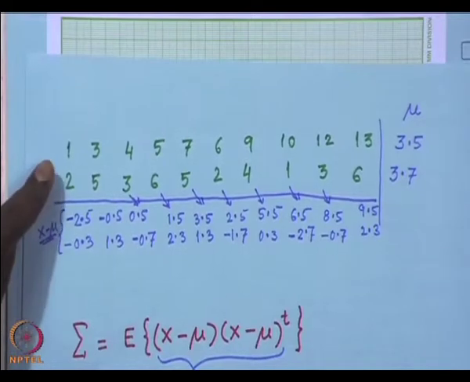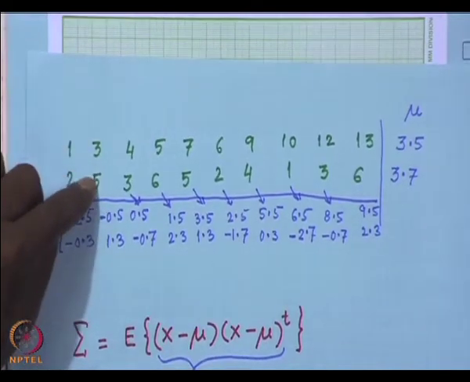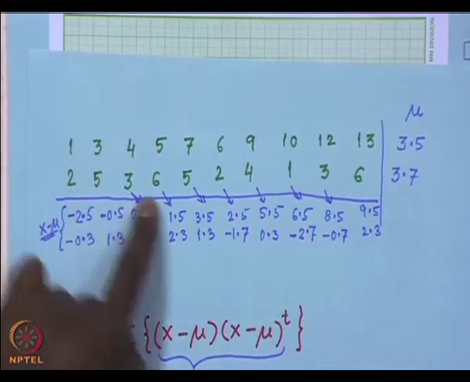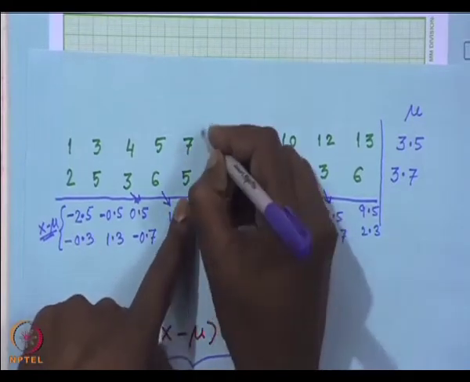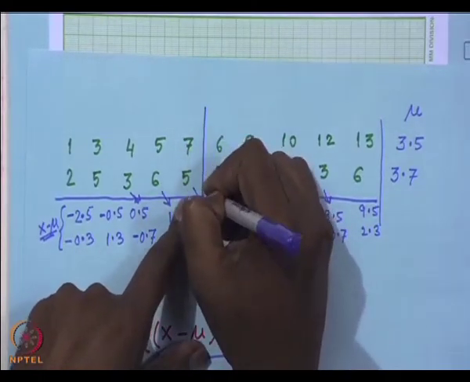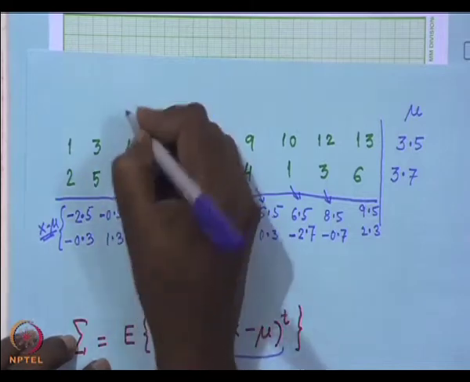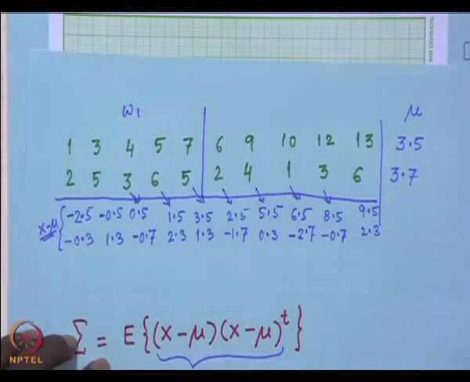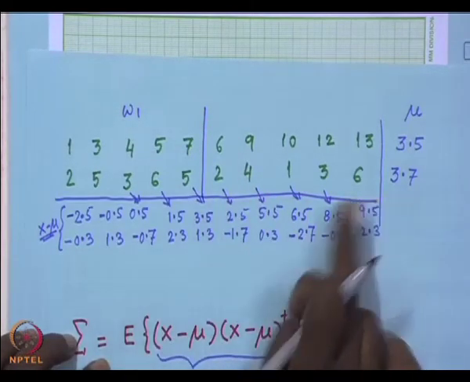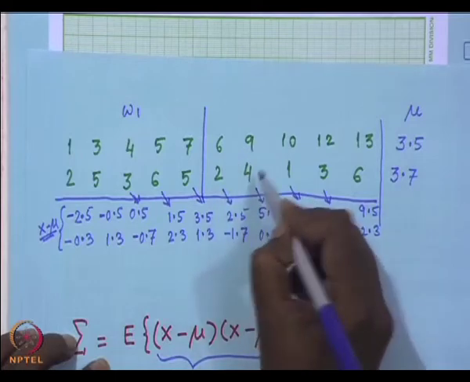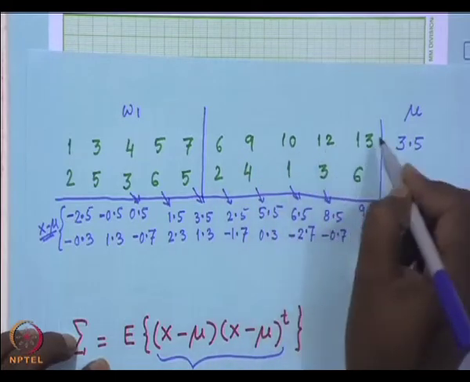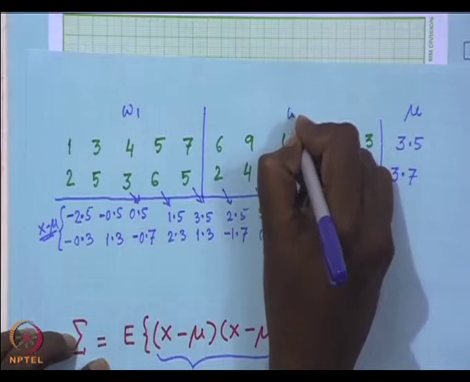If you remember, we said that these are the feature vectors 1 2, 3 5, 4 3, 5 6 and 7 5. These first 5 feature vectors belong to class omega 1, and the second 5 feature vectors 6 2, 9 4, 10 1, 12 3 and 13 6 belong to class omega 2.